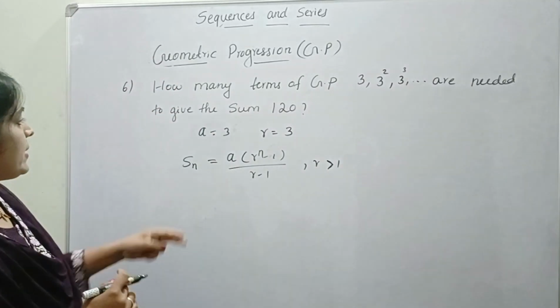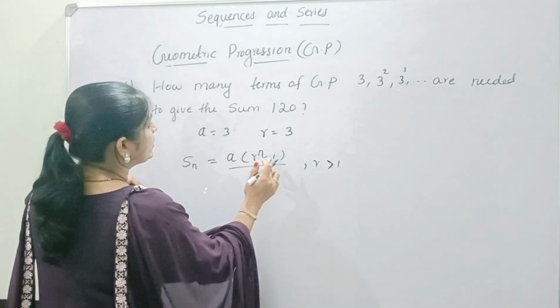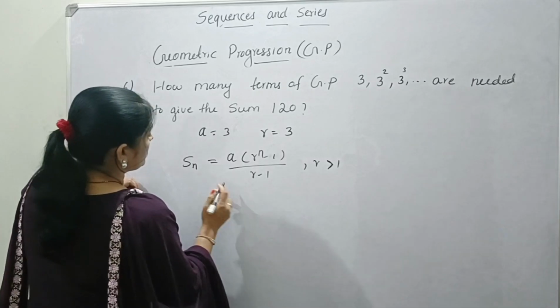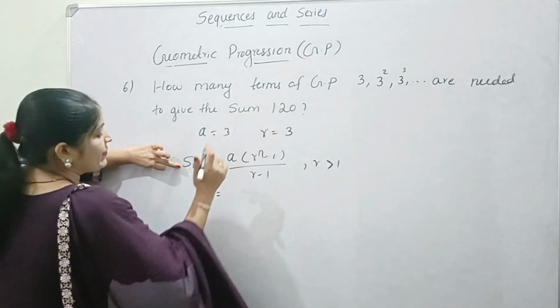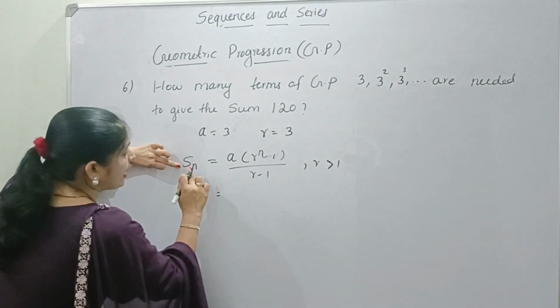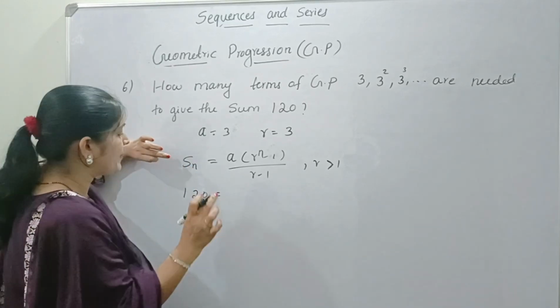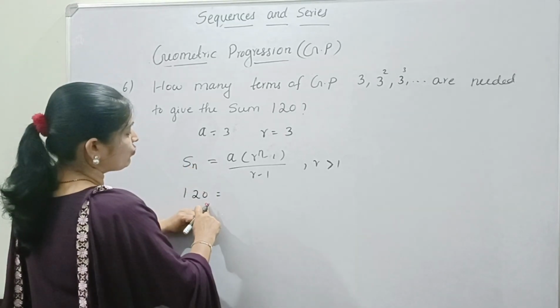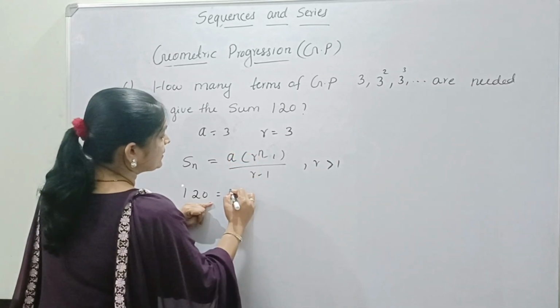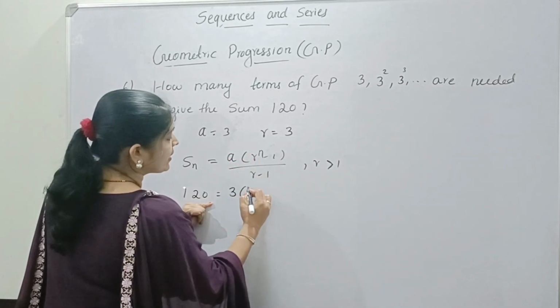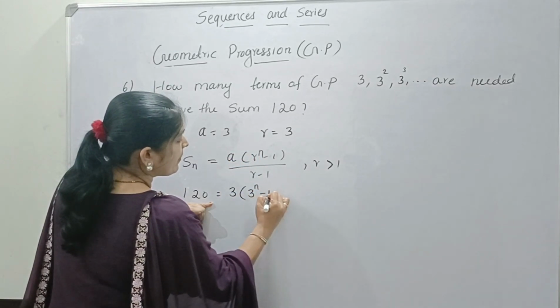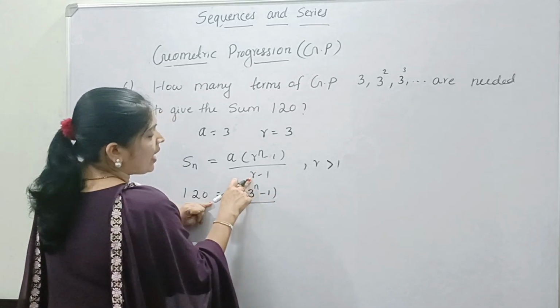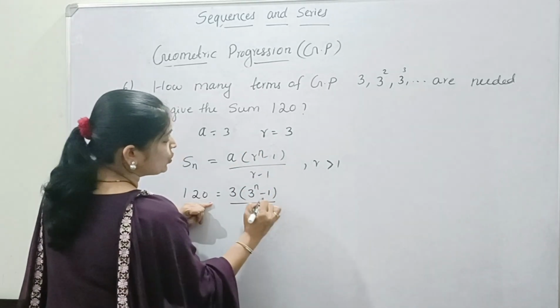Now let us substitute. What is the sum? Sum is given, 120. Here we have to find n. So 120, A is 3, 3 into R is 3, 3 raised to n minus 1, divided by R is 3, 3 minus 1, 2.